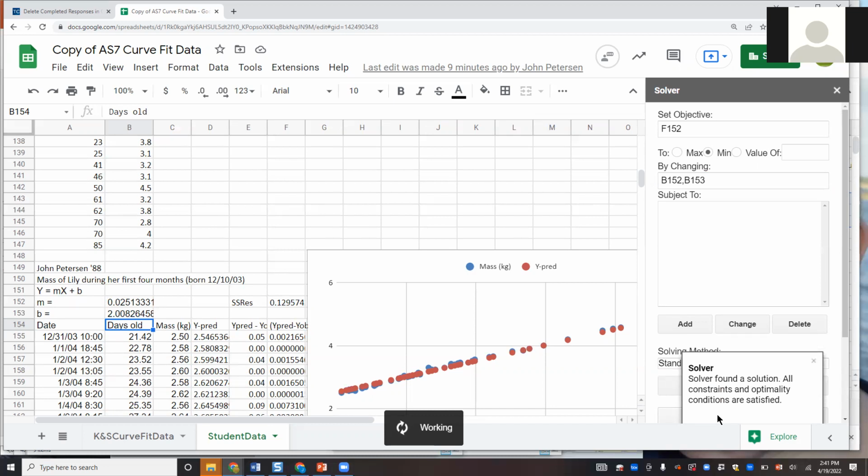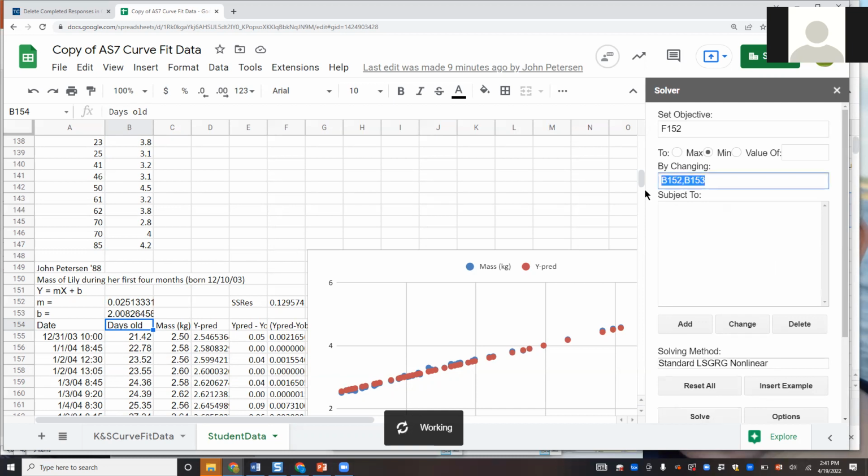Hopefully it just did that for you. Where did it put that? It put it in the cells, because I said I wanted it to minimize. You can see my B152 and 153 are now changed. Did you put B152 and 153 in here?